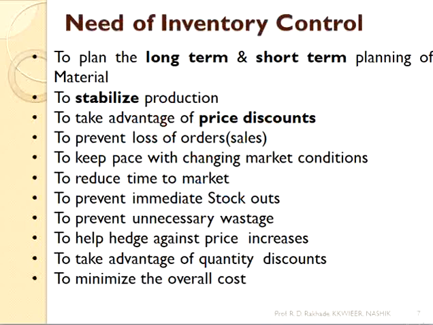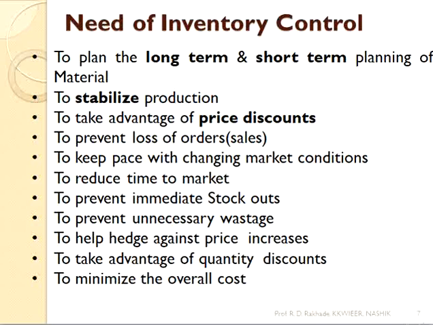Then why is inventory control required, why is it essential? To plan the longer term and shorter term planning of material. For long terms, we may consider 5 years or 10 years, and for short terms we consider maybe 1 day or 2 days.